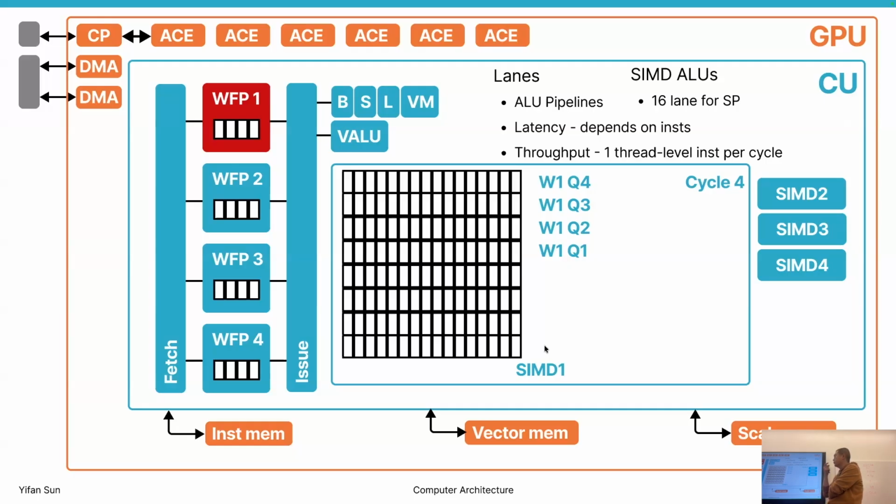Yeah, we're executing from pool 1. So we're issuing wavefront 2 in the previous cycle.